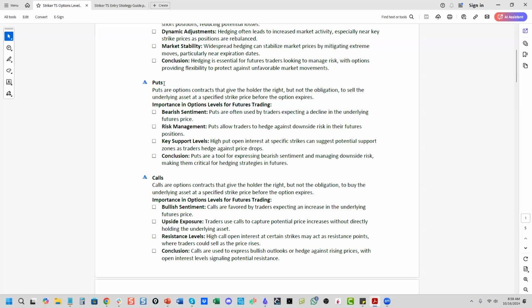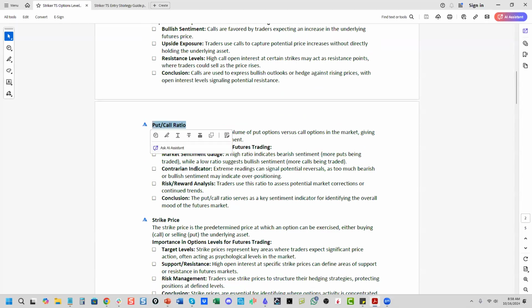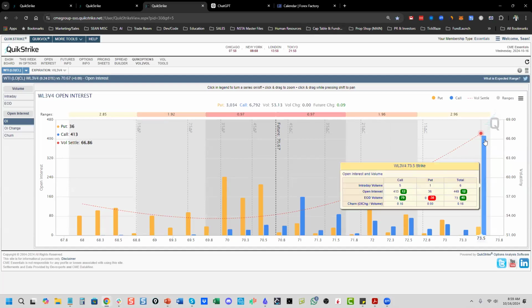Okay. So puts are what? Calls are what? Puts are support, calls are resistance. The put call ratio is just basically the comparison of the ratio. If you look at the put call ratio here, the level of open interest on puts is a hell of a lot bigger than it is on calls.